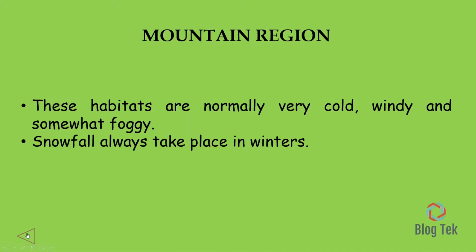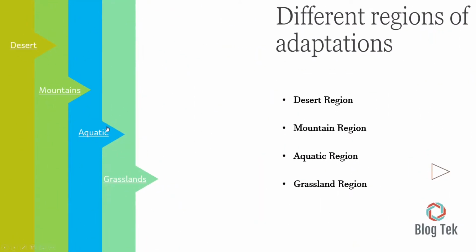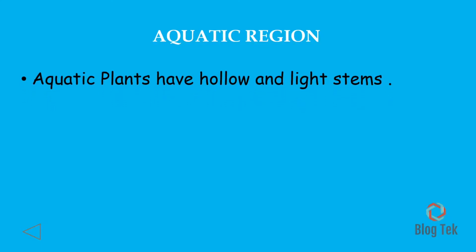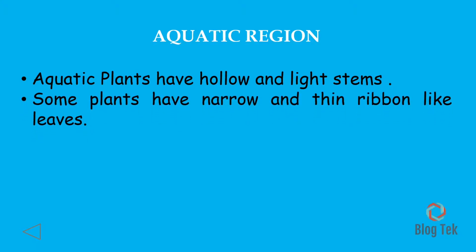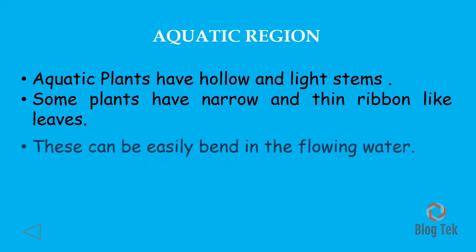So now that you know what the mountain region is, let's get diverted to our third region, which is the aquatic region. Plants which are aquatic, meaning which are in water, have very thin, hollow, bendable stems. Some plants of aquatic regions have narrow, thin, ribbon-like leaves.